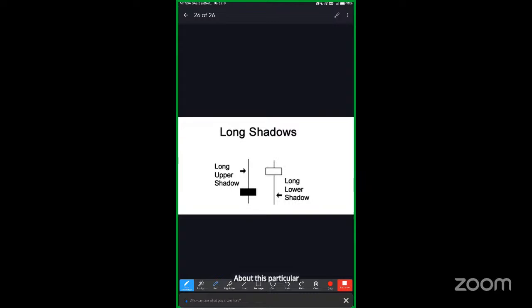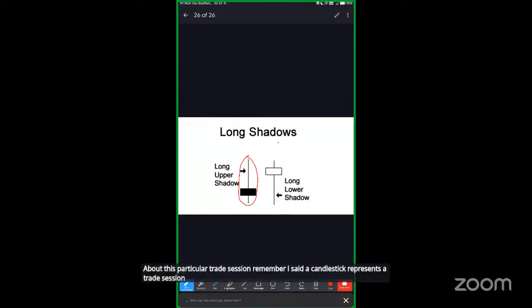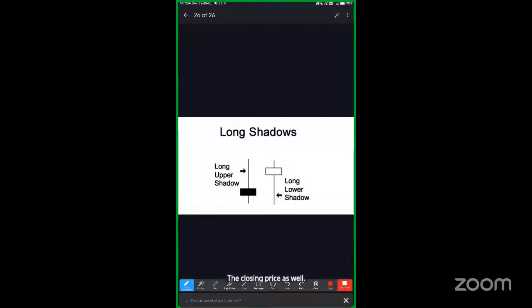Remember, I said a candlestick represents a trade session. It can be a 4-hour candle, it can be a 1-hour candle, it can be a 1-day candle, but it is a trade session. That's why it is having the opening price, the closing price as well. So the shadows give us very important information about the trade session.